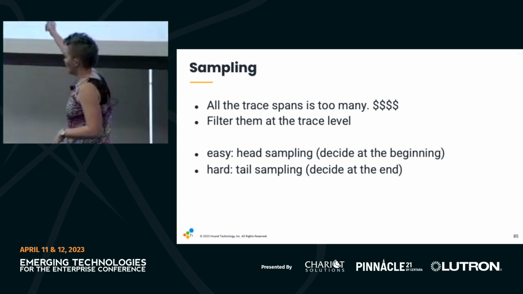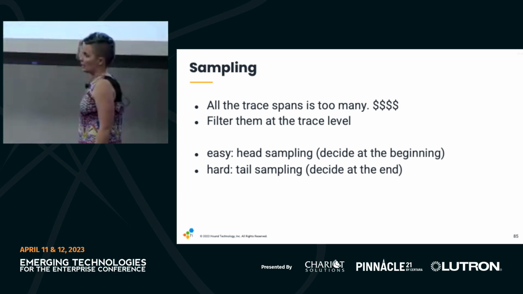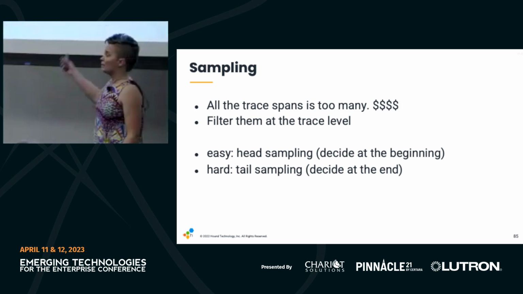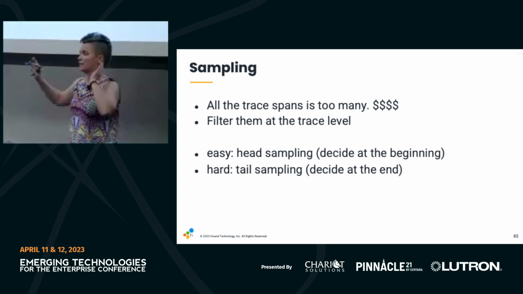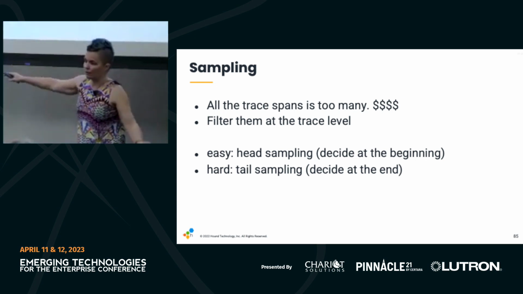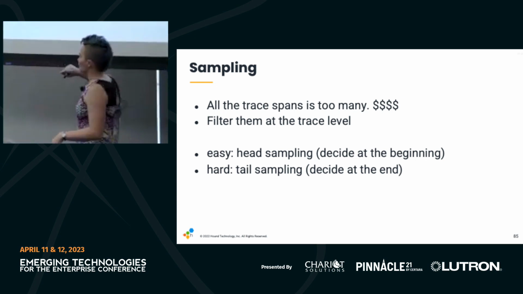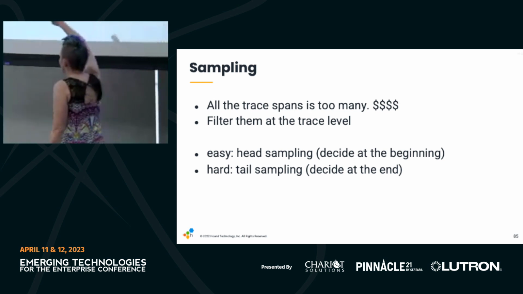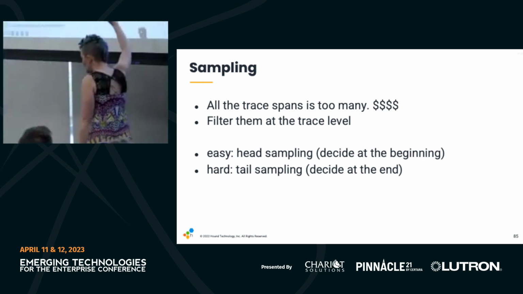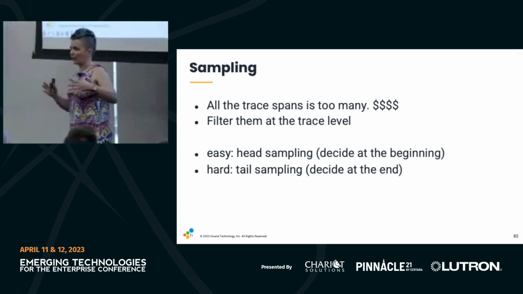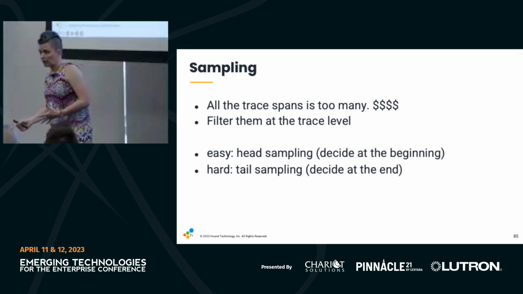You can do it the easy way, which is to completely randomly decide at the beginning, am I saving this one or not? But then you don't get to save all the errored ones. Or a careful distribution over customer IDs, well, unless your customer ID is passed in, then you can. Anyway, you can also do tail sampling, in which you have another piece of your pipeline after your collector.